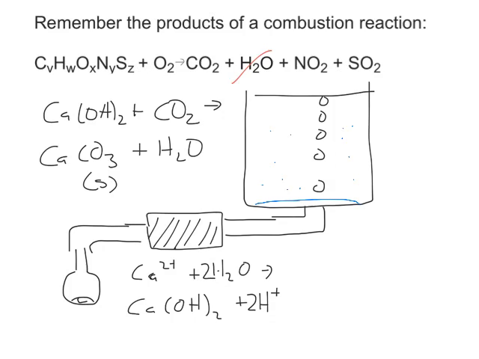And now we've removed yet another thing from the waste stream, and you can find the mass of the calcium carbonate, and you can see from the stoichiometry here that for every 1 mole of calcium carbonate you have, that was 1 mole of carbon dioxide that was in your waste stream. There are other similar reactions where the gases will then be passed through to scrub off the nitrogen dioxide and the sulfur dioxide.